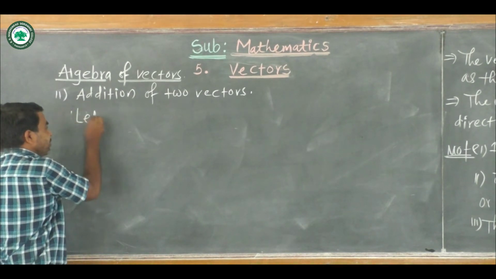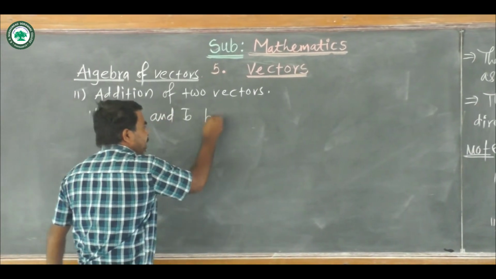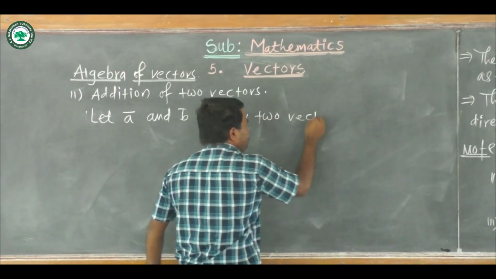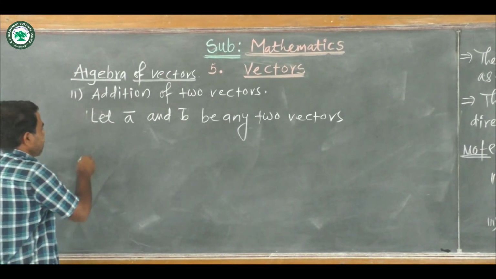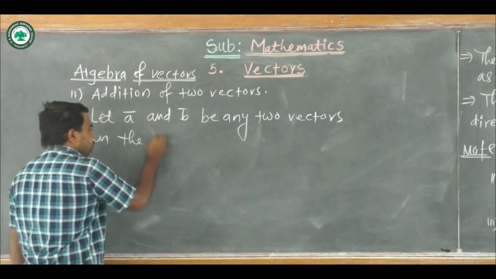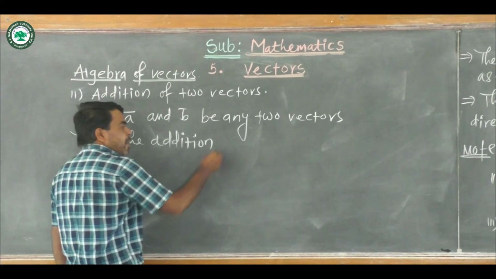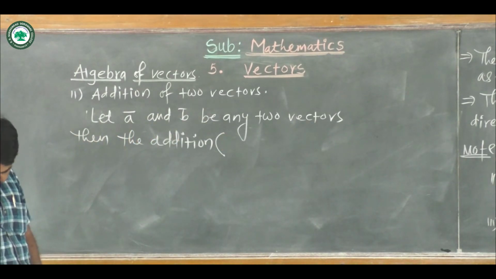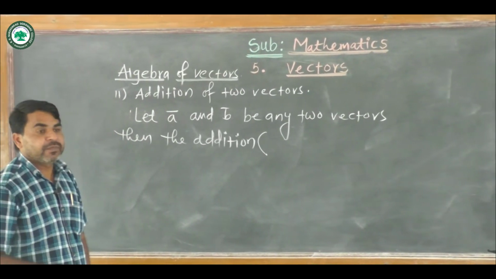Let a bar and b bar be any two vectors, then the addition, in other words, the addition of two vectors is known as resultant.